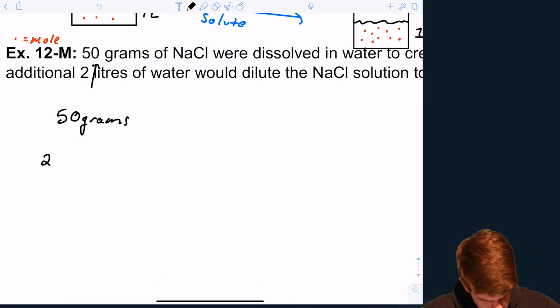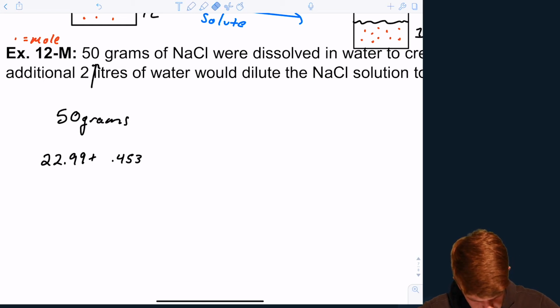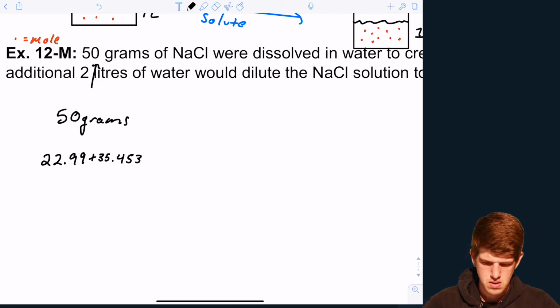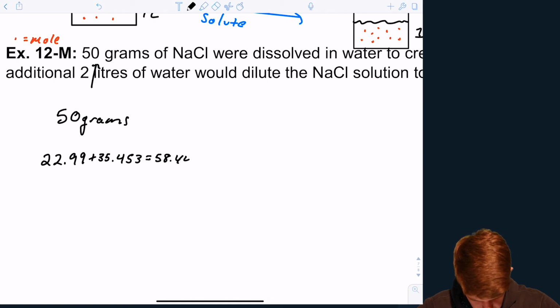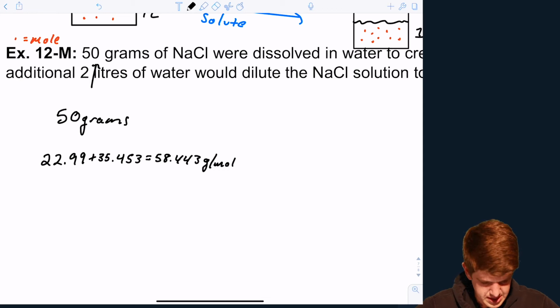So 22.99 plus 35.453 would be 58.443, and that is the molecular weight of NaCl.